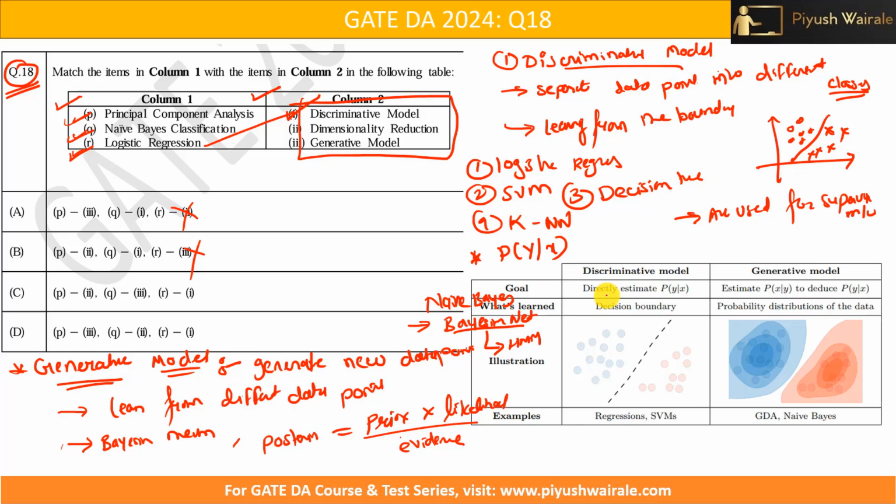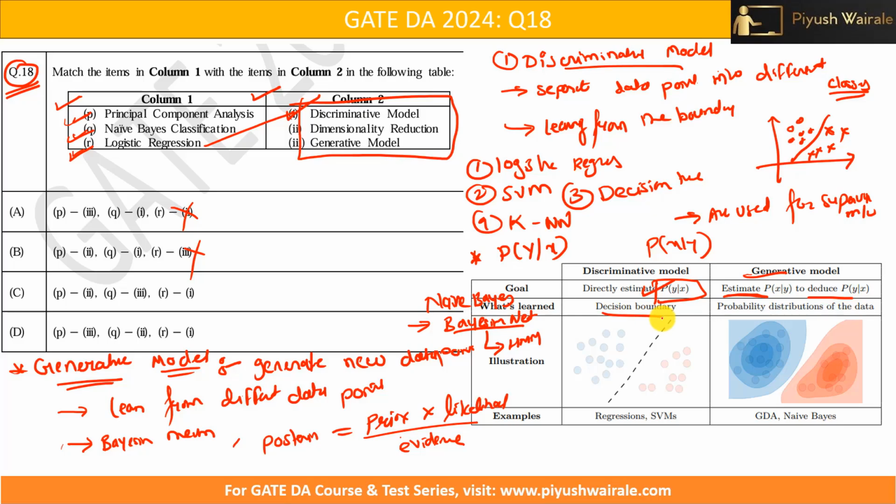In the discriminative model, the goal is to estimate the probability of y given x. Here we are not going to use the probability of x given y. Based on some function or data, we find this probability directly. But in the case of a generative model, we use the Bayes theorem: first we estimate the probability of x given y to deduce the probability of y given x.